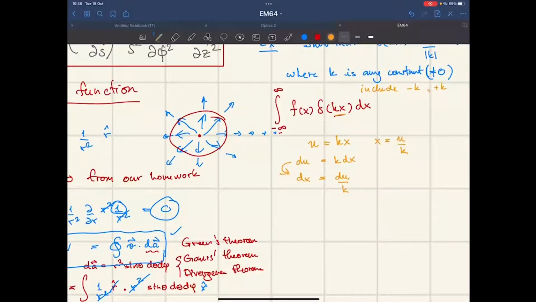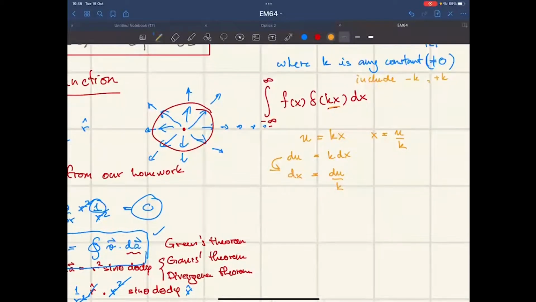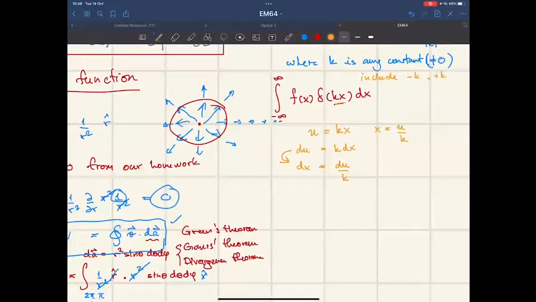But I just told you that if x equals minus infinity, u is also minus infinity, and if x is infinity, u is also infinity.